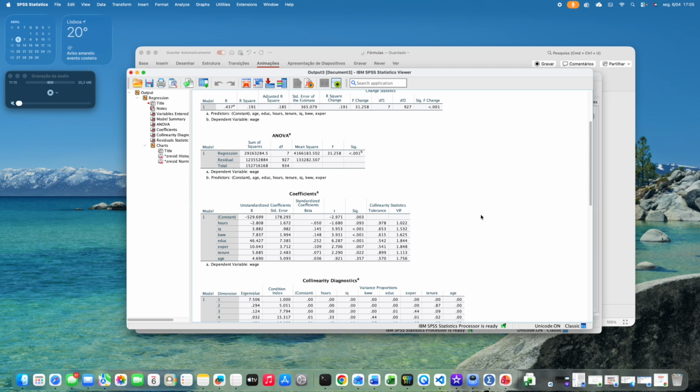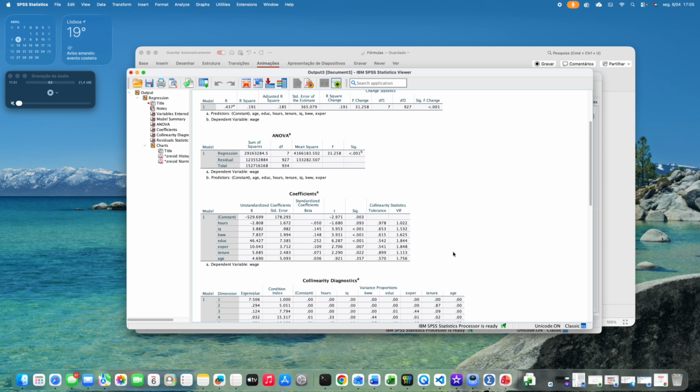So we would like the explaining power of each variable on each other to be as low as possible, meaning that each variable explains different phenomena. So to preserve the individual explaining power of each variable, we need high tolerance values close to 1 or low variance inflation factor values close to 1 as well.